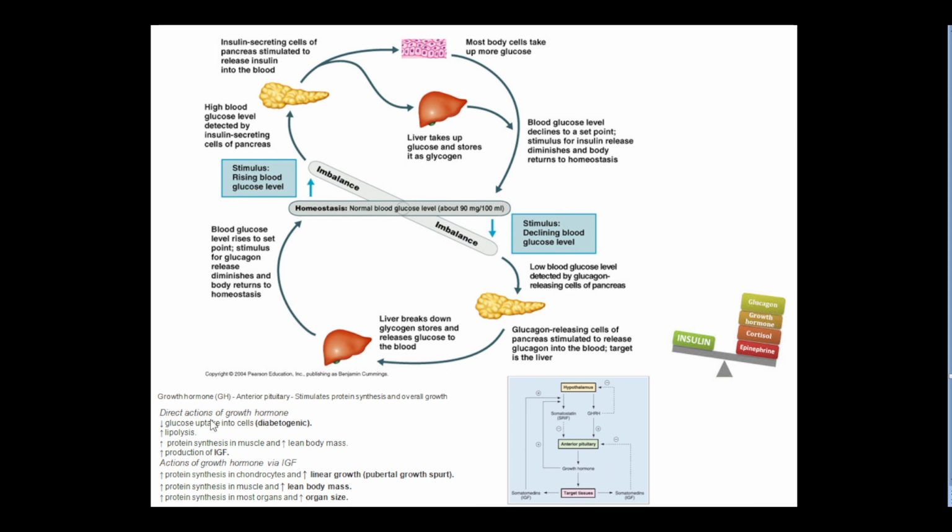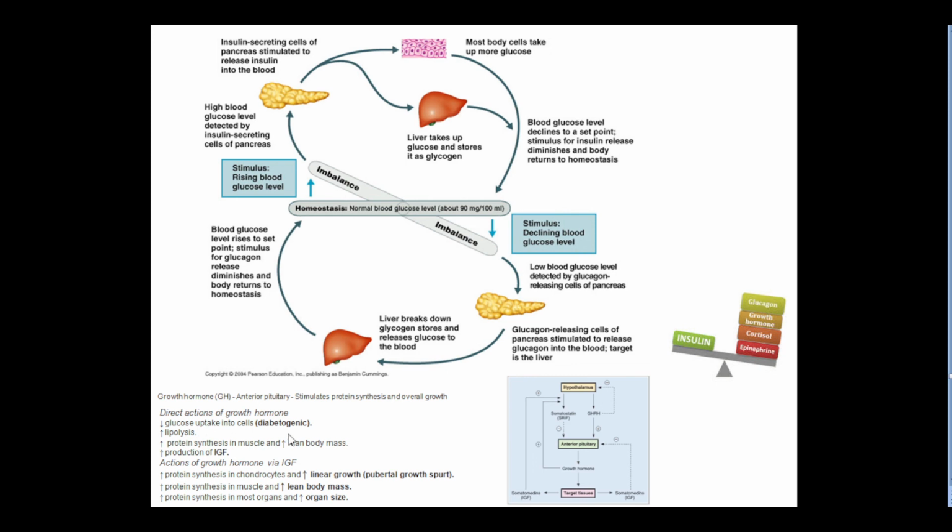As you can see here, we have direct actions and actions of growth hormone through the insulin-like growth factor. Direct actions include decreased glucose uptake into the cells, which means it causes hyperglycemia. Lipolysis, you remember, if we have lipolysis, we can have gluconeogenesis. Increased protein synthesis, and that's the main function of the growth hormone, and production of insulin-like growth factor.